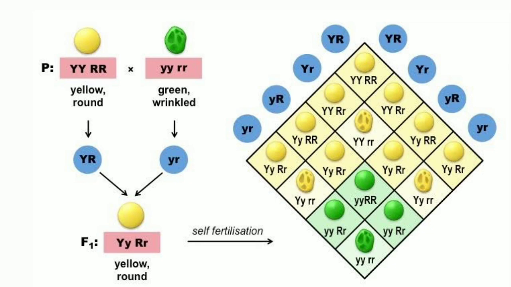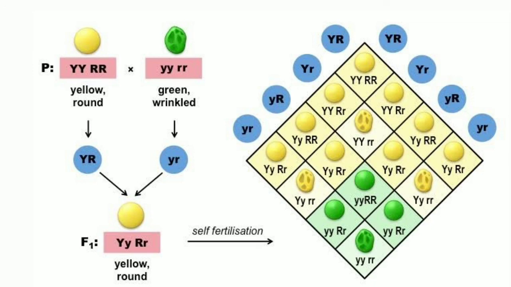For each of these characters, the color of the seed and the shape of the seed, the alleles get shuffled during the formation of the gamete. Because of that, the male part and the female part of the plant will bear 4 types of gametes each, and these 4 types of gametes are placed in the Punnett square. So we draw this square where 4 boxes are made, and in total it has 16 boxes.